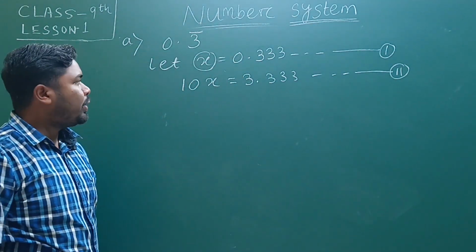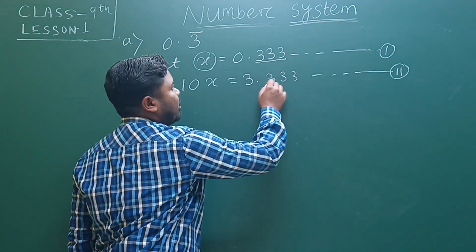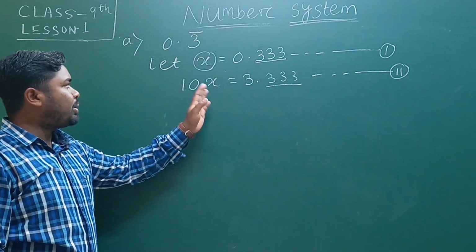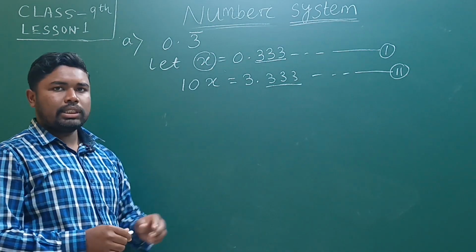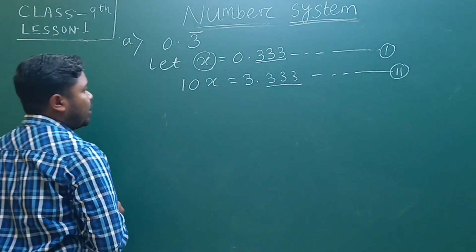Now we can check whether the numbers after the decimal points are the same or not. Here after the decimal points the numbers are the same, so now we can easily solve. How can we solve?